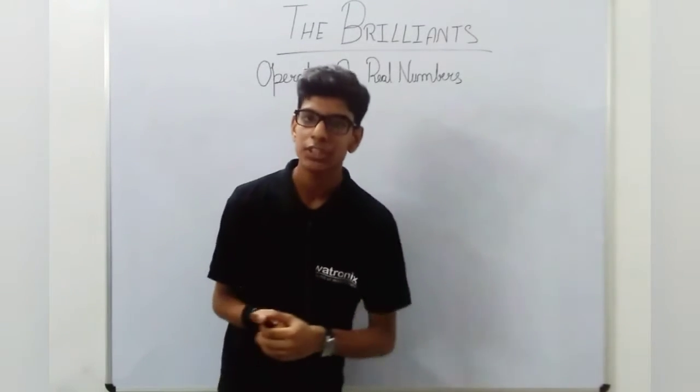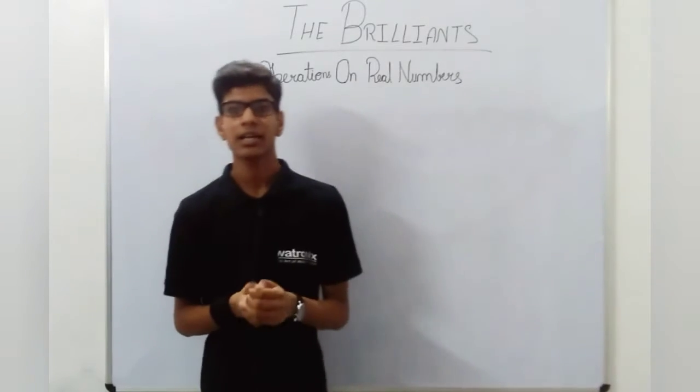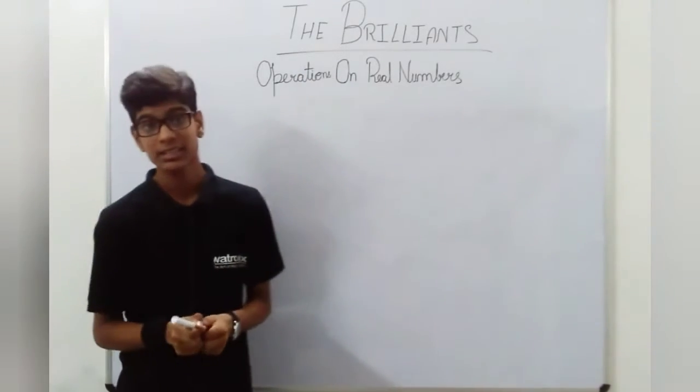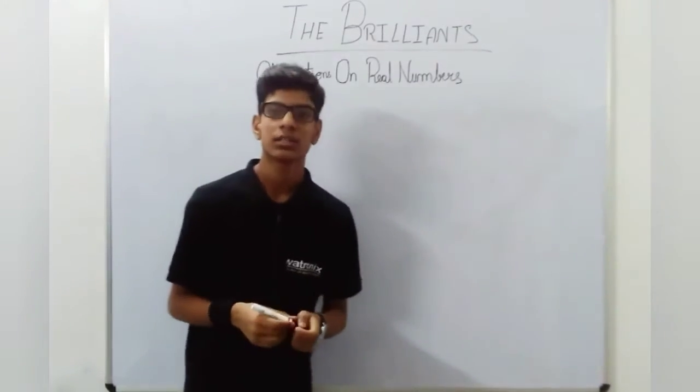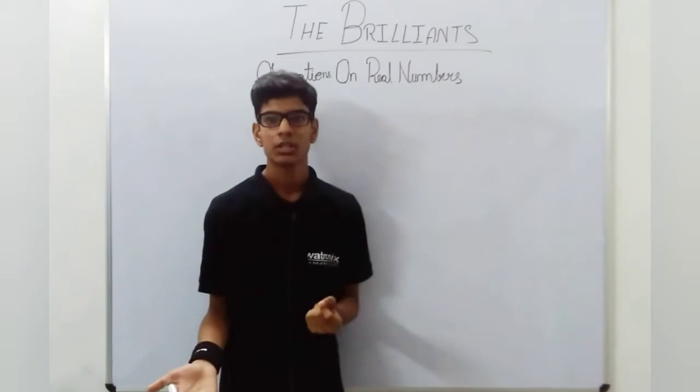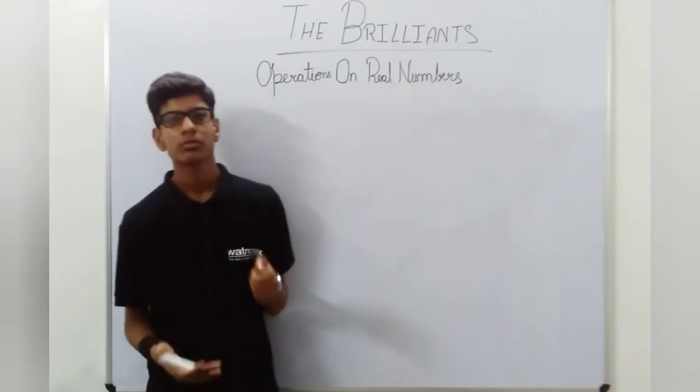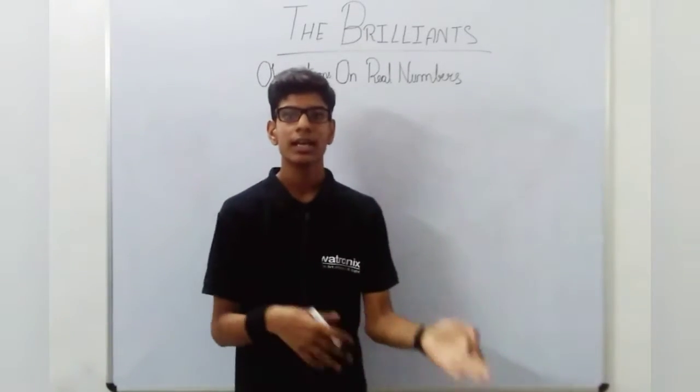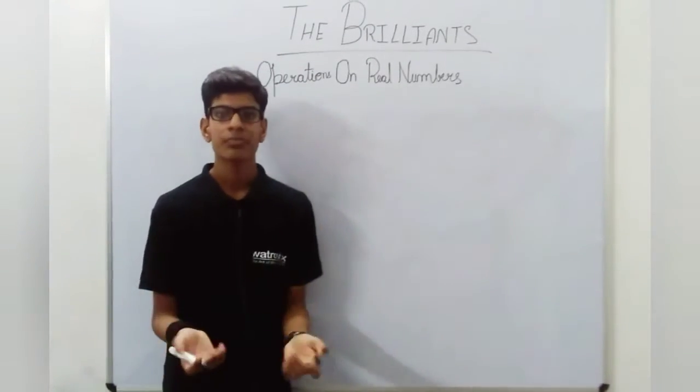So for that we use these identities, and now we are going to study the identities in this chapter also, like under root a multiply by under root b. Earlier we would first put the values of a and b and then multiply.